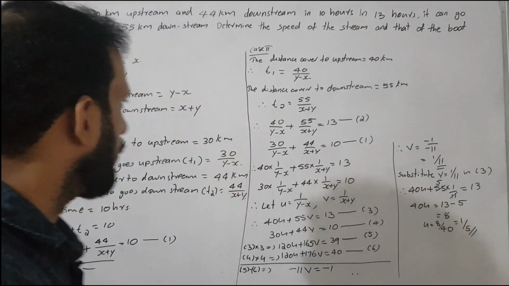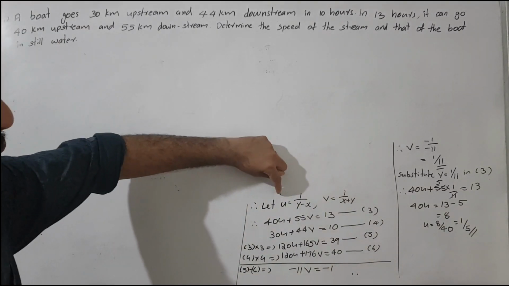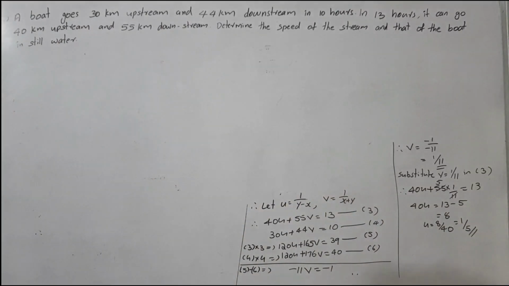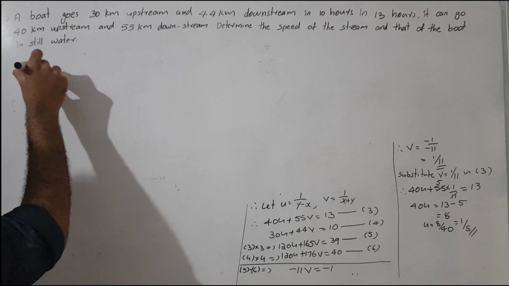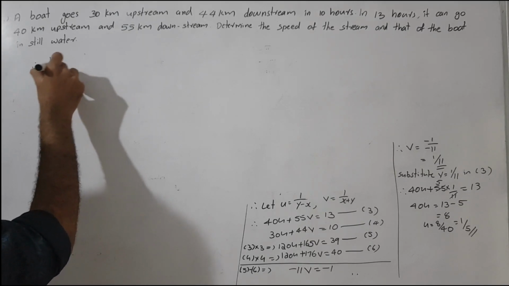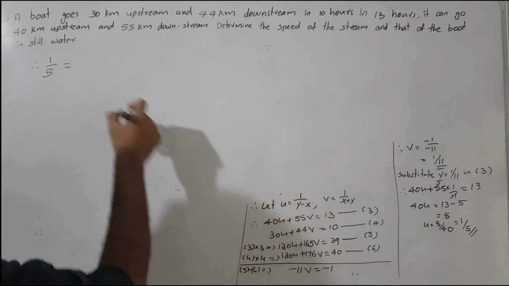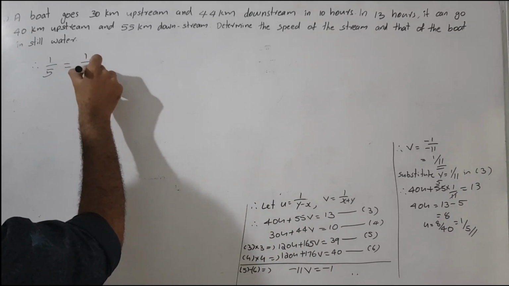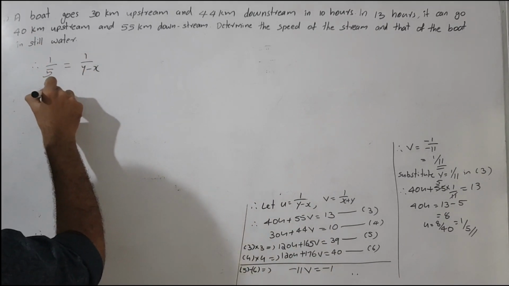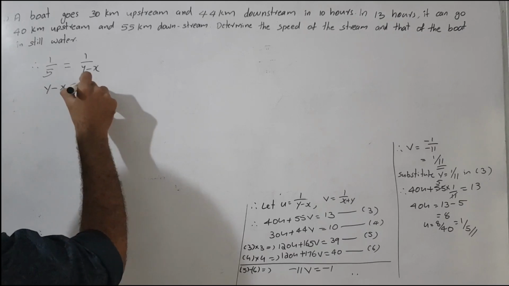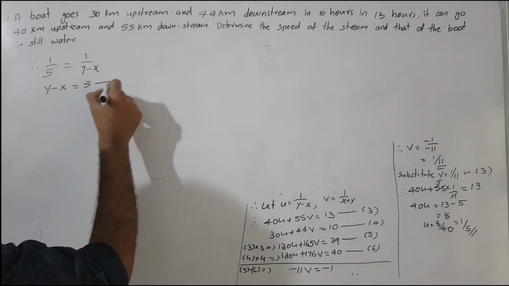The next step: we know u is 1 by y minus x, correct? Therefore, 1 by 5 is equal to 1 by y minus x. Then cross multiplication: y minus x is equal to 5, equation 7.